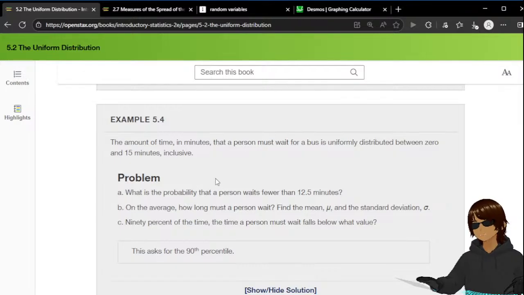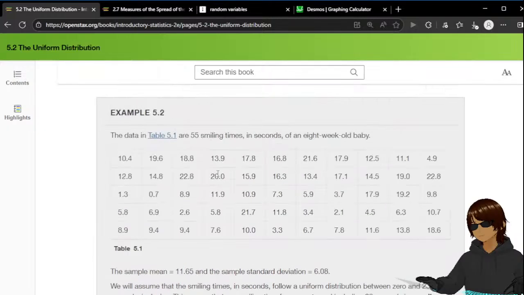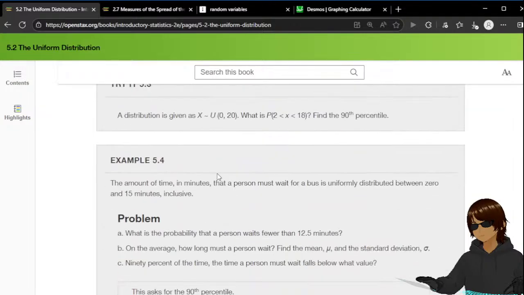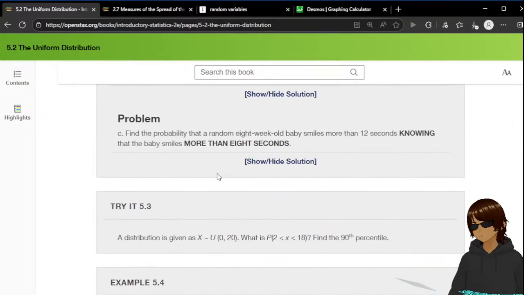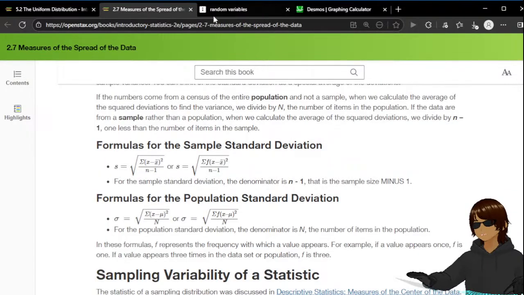The height of the graph is 1 over 15, right? Well, the height of the graph is 1 over 15.